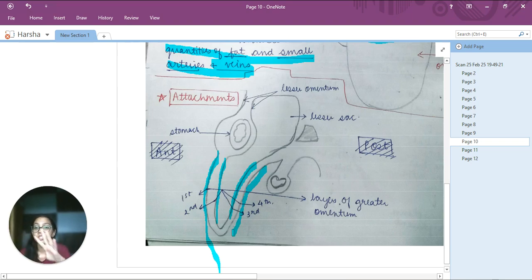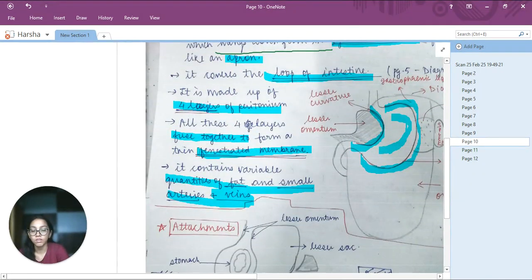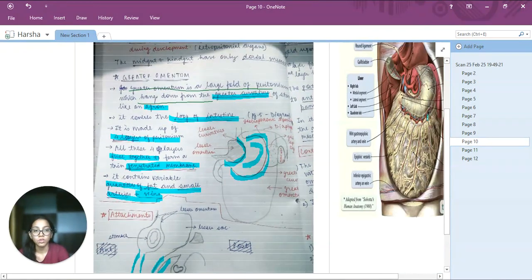So all these 4 layers get fused with one another, and it forms the fenestrated membrane. So let's look at this diagram.